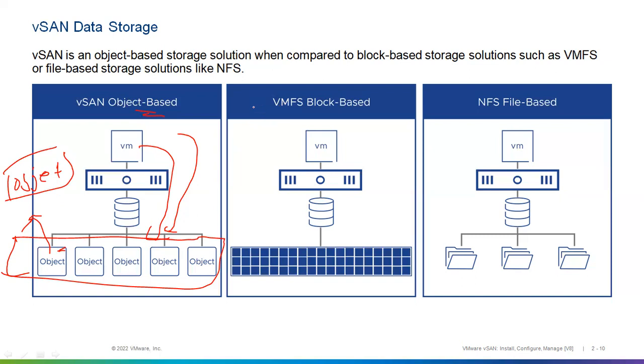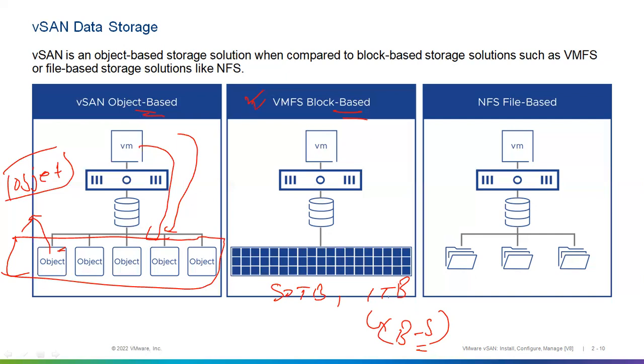Then it also provides VMFS block-based storage. When I say block-based storage, it means that, for example, if the underlying data store is 50 TB, out of that 1 TB I want to use as block storage. Can I use it? The answer is absolutely yes.